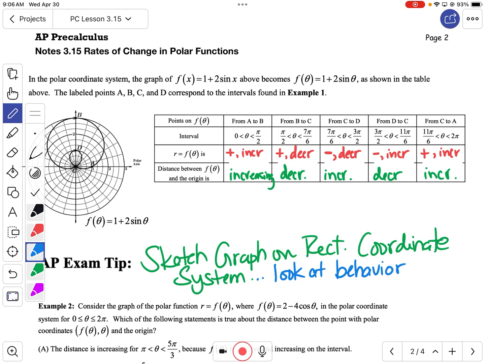And the nice thing is it's typically going to give me some specific ranges to look at, so I don't have to look at the whole graph. We'll be able to look at specific ranges and see, are the things doing the same? Are they positive and increasing, negative, decreasing? All right, so that's your pro tip on how to do those problems. If they ask you about the distance from the origin, sketch the graph on the rectangular coordinate system, look at your descriptors.